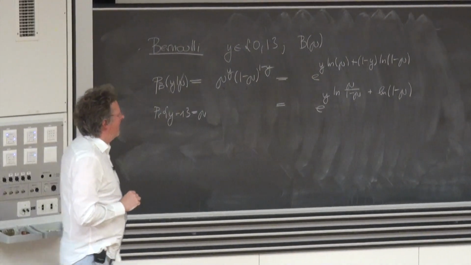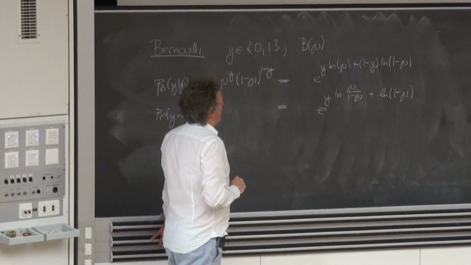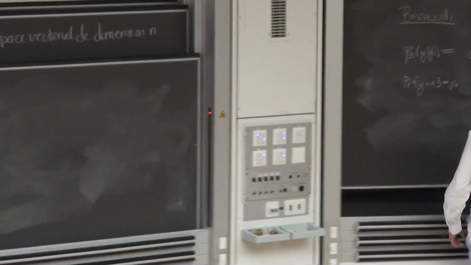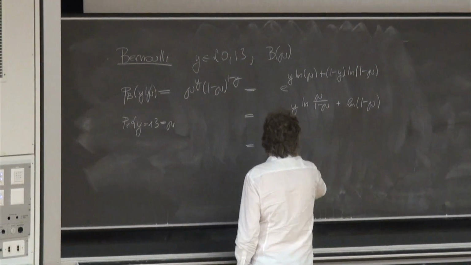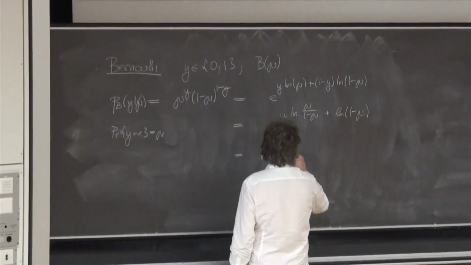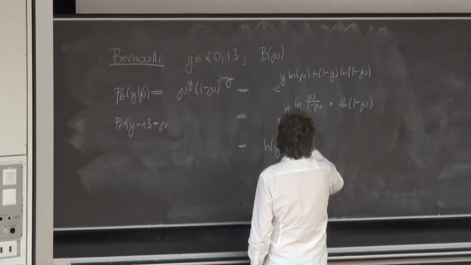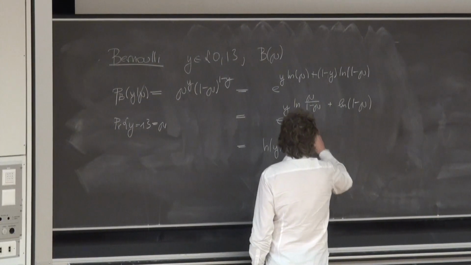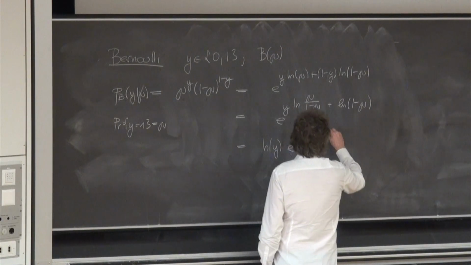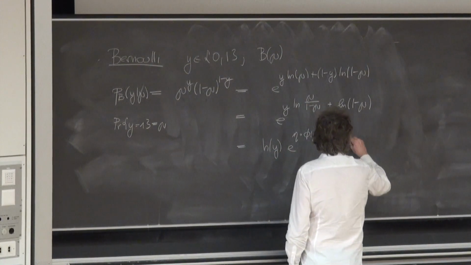So now I claim that this is exactly of this form, h of y times e to the, so in this case, let's see exactly what this is. So I claim this eta times phi of y minus a of eta.